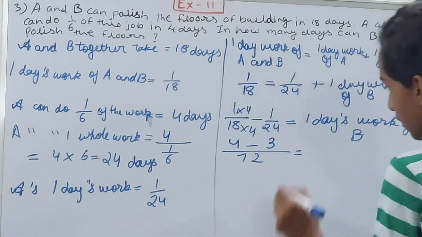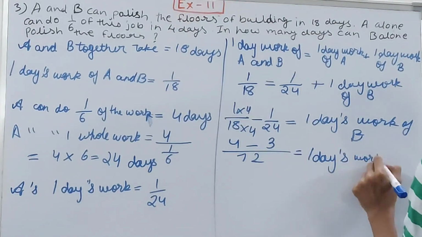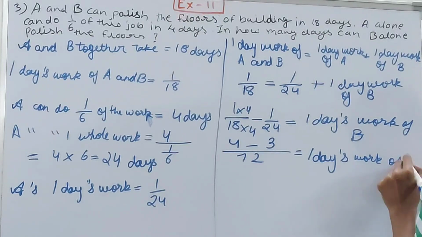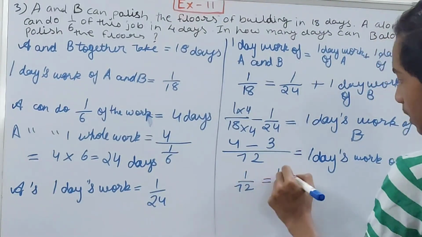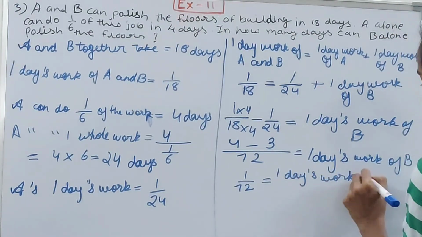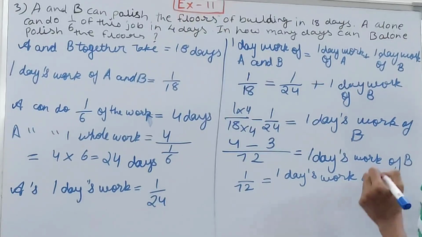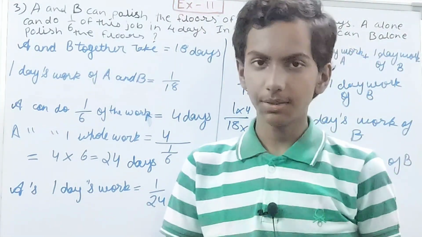After this I'll have the 1 day's work of B. This is the thing I want. So I have 1 by 72, that is 1 day's work of B.